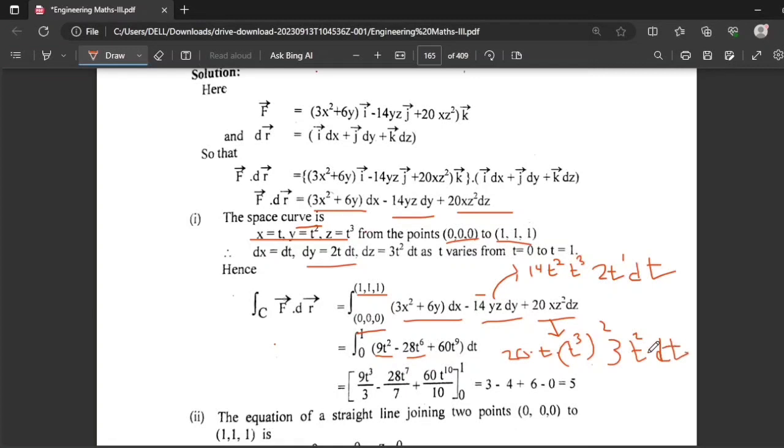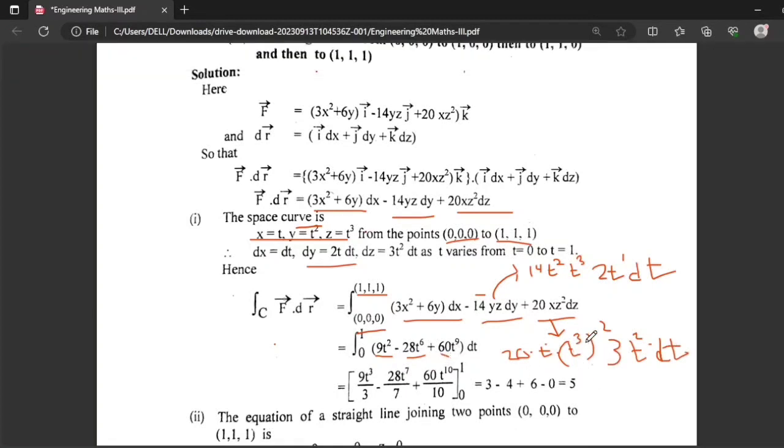And 20 into 3, that is 60, and this (t³) the whole square is the same thing as t³ into t³. So it is 3 plus 3, 6, so t⁶, and with t, 7, 8, 9, so t⁹.